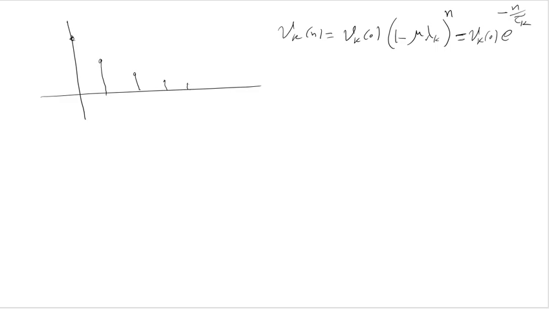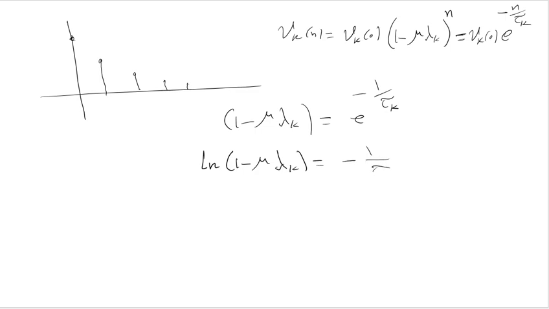If we, for example, put n equals 1, we have 1 minus mu lambda k equals e to the minus 1 over tau k, and take ln: ln of 1 minus mu lambda k equals minus 1 over tau, and tau equals minus 1 over ln of 1 minus mu lambda k.